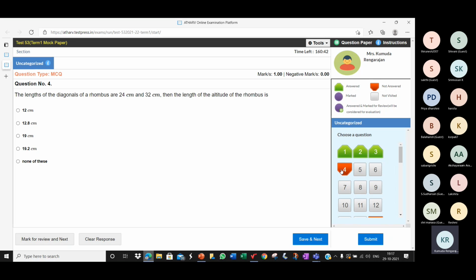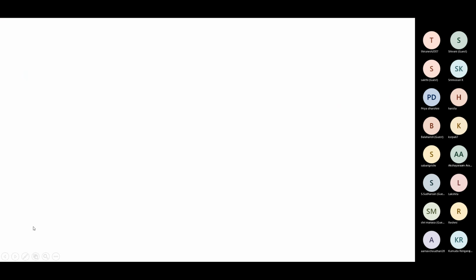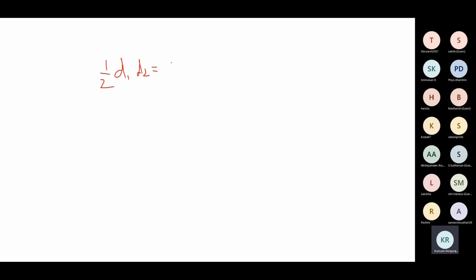Half product of diagonals, and base into height. Area of rhombus is equal to half D1 D2. So find the area of the rhombus. Tell me the answer.